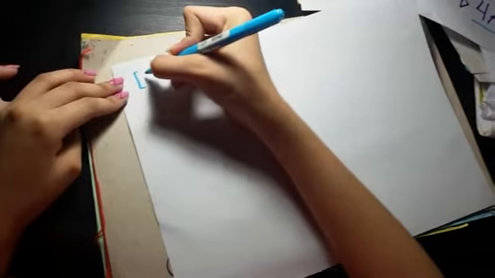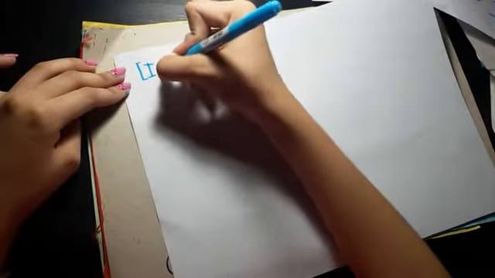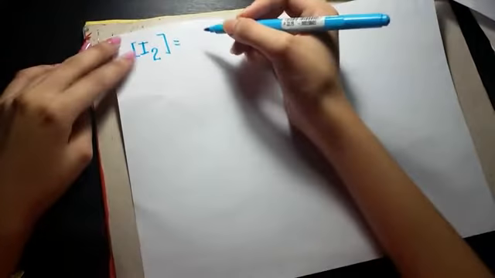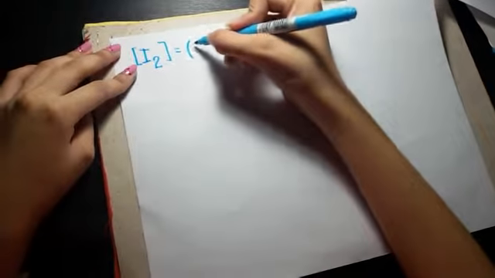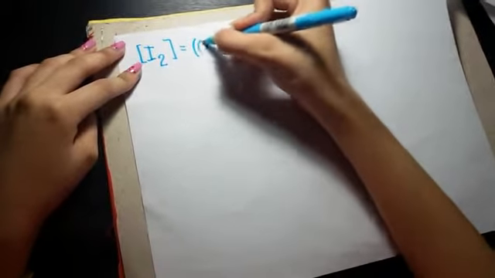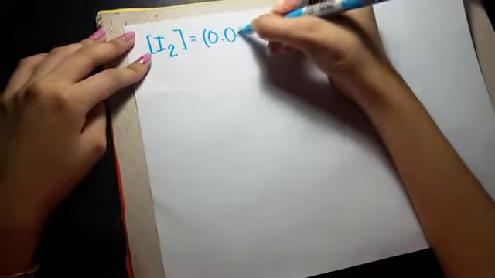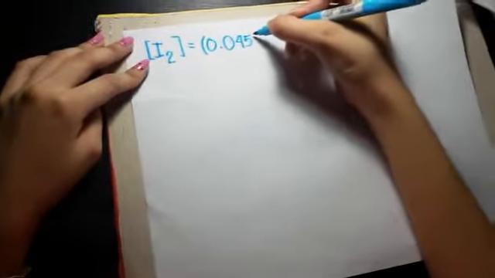After getting the molarity of arsenite, we will get now the molarity of iodine. It's stated in the problem that iodine has 0.045 liter.